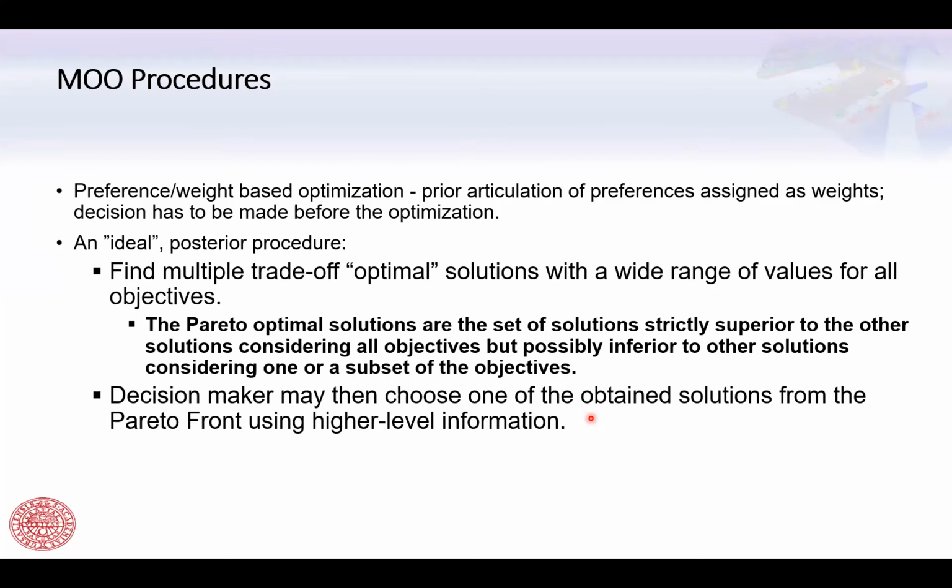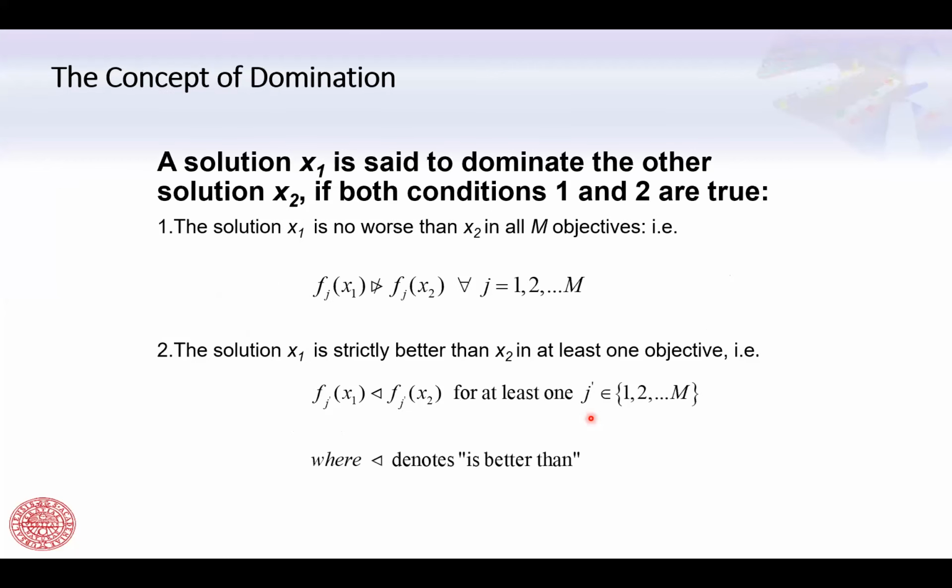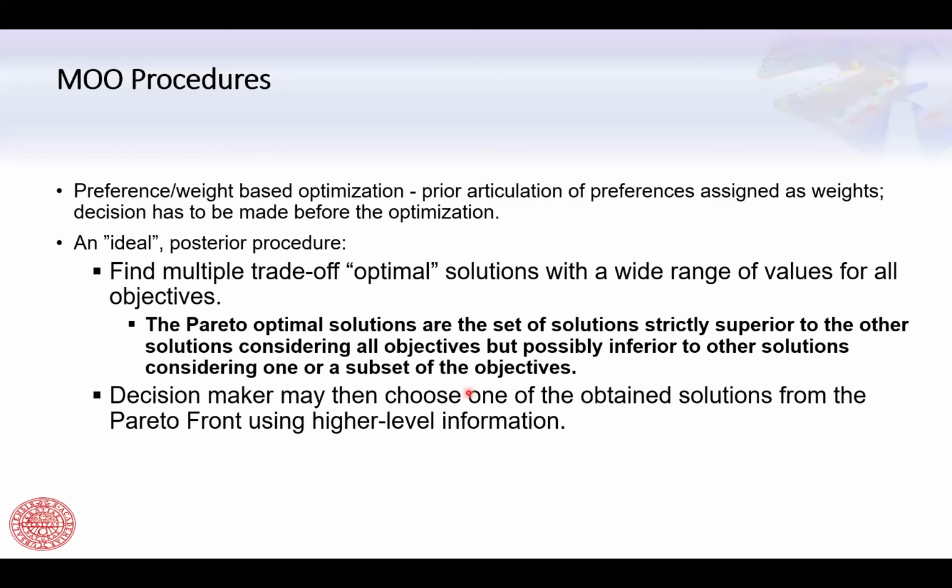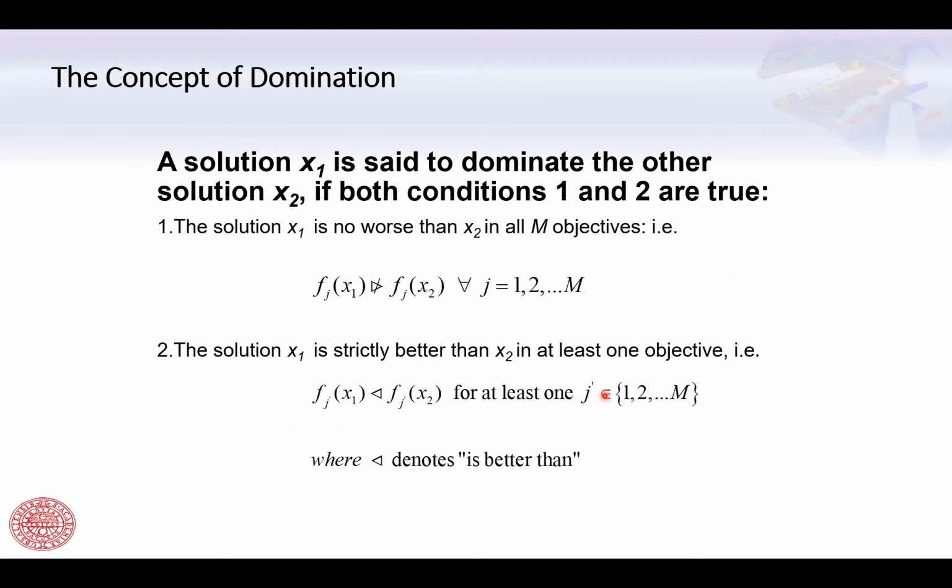Let's take a look at the mathematical formulation. So the text I highlight here: optimal solutions means a set of solutions strictly superior to other solutions considering all objectives, but maybe inferior to other solutions considering one or a subset of objectives. Okay, so it's very long English, but let's translate it into mathematics. We have two solutions and we try to compare them. How do we compare them?